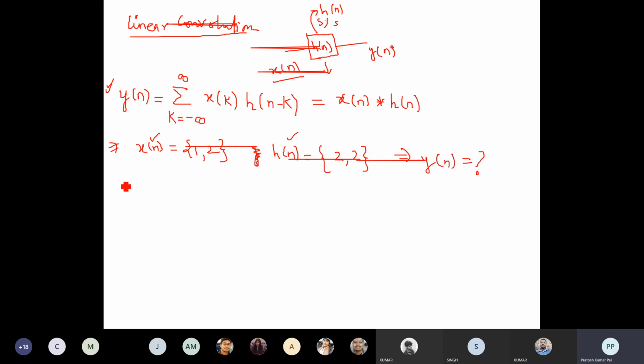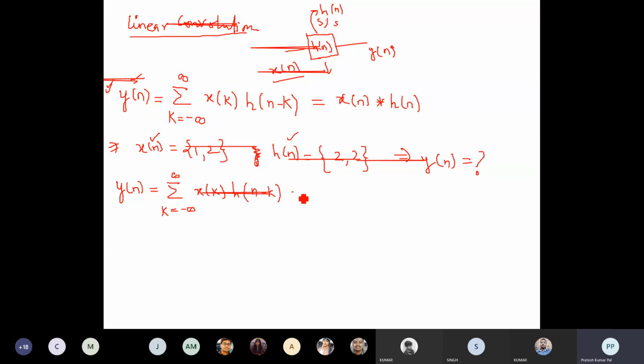So by using convolution we can find out y of n. By this convolution formula, k is varying from minus infinity to infinity, x of k into h of n minus k.